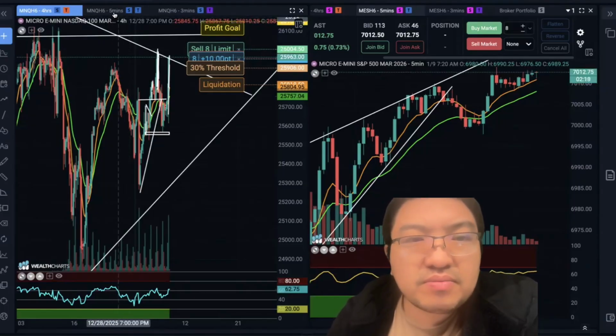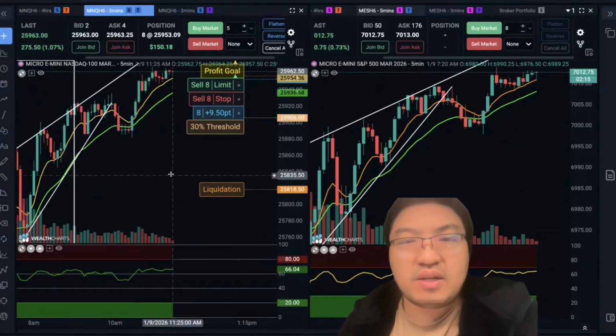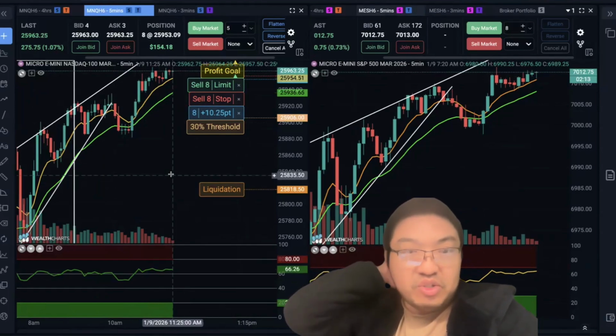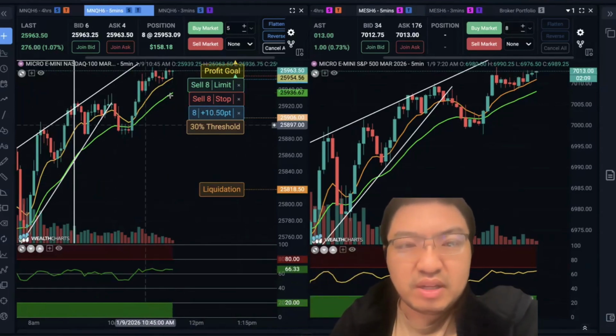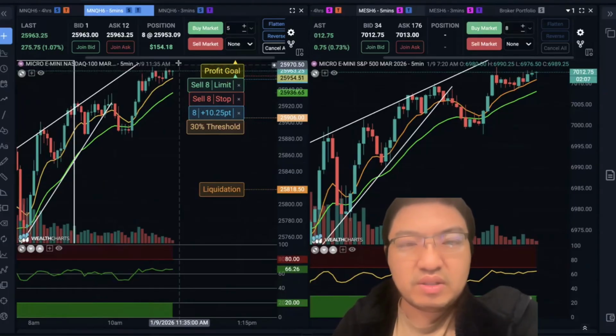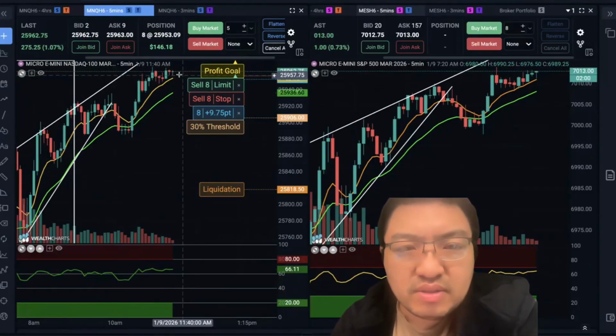Somewhere around here, maybe a little bit overambitious. But it looks like it's trying to continue up, sideways, something. And this stop loss is not getting kicked out, almost kicked out.